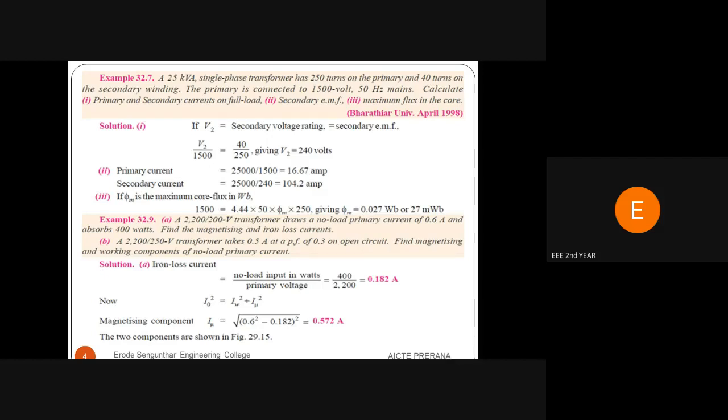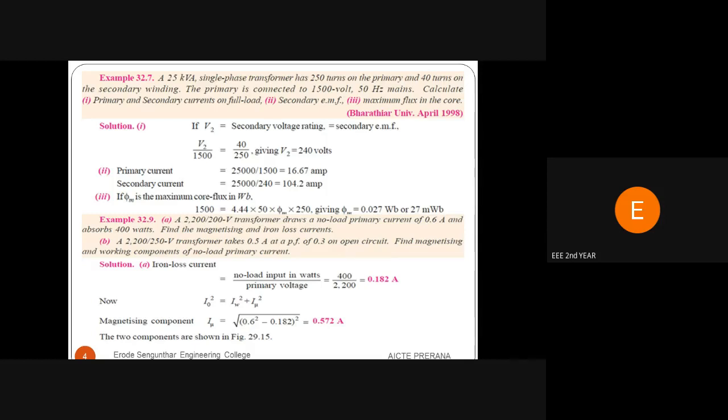Substituting V1, that is 1500 volts, equal to 4.44, which is a constant, times the supply frequency 50 Hz, times the maximum flux in the core, the unknown, multiplied by N1, the number of turns in the primary winding. We get phi m equal to 0.027 Weber or 27 milliweber.